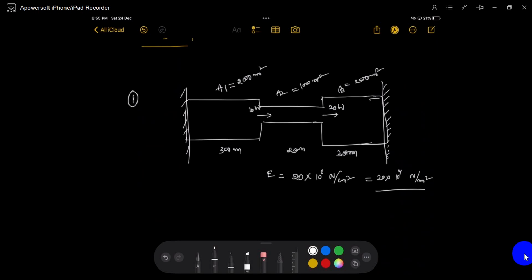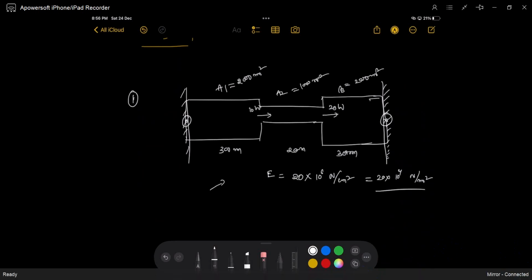You can choose any value and solve it, and find the reactions and the stress in each element. You did many such problems in strength of materials. You can choose those problems and solve them by finite element analysis. Very easy. So that closes the axial element. Next class we will see the truss element. Okay, that's it.